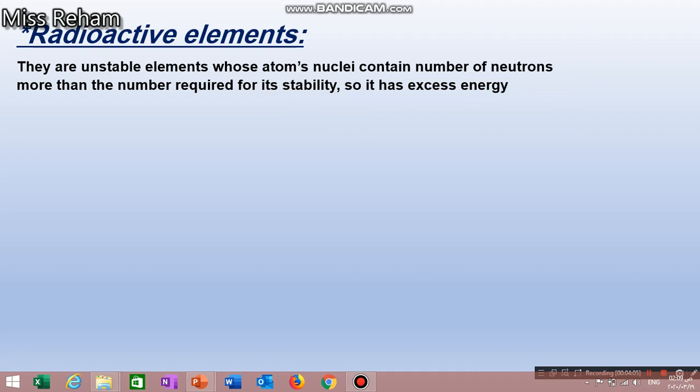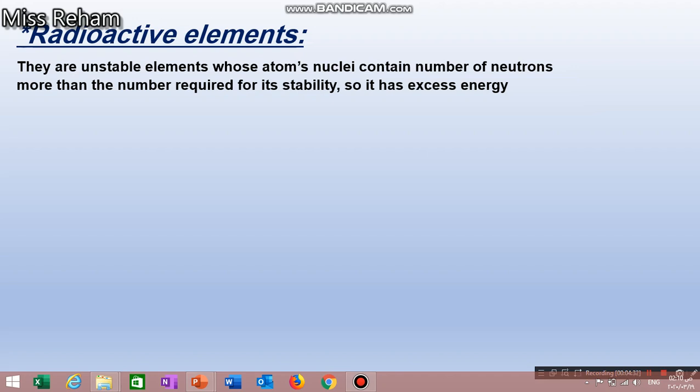When the atom contains a number of neutrons more than the number required for stability, it changes into a radioactive atom or radioactive element because it has excess energy. It has more energy. Okay.